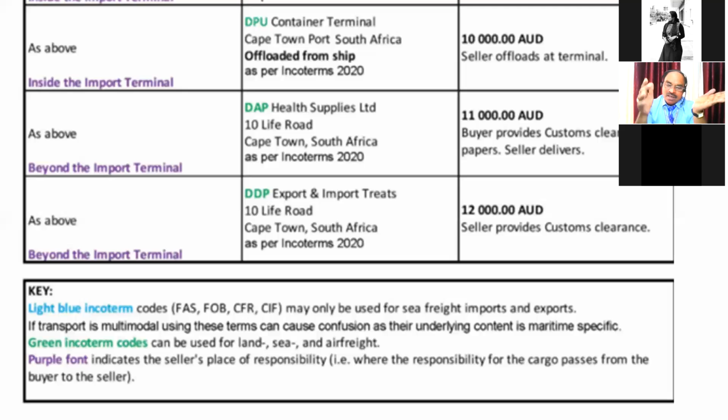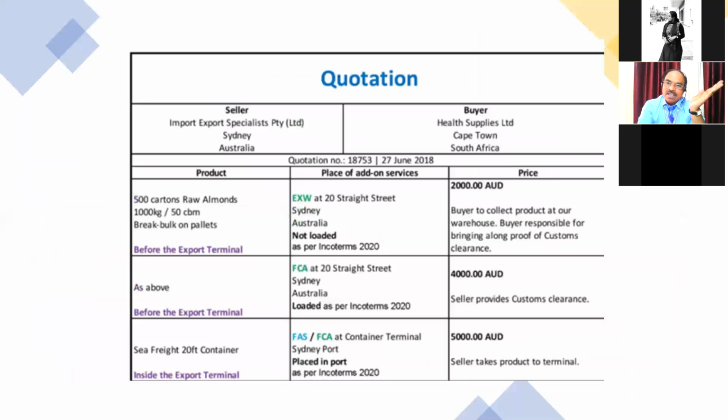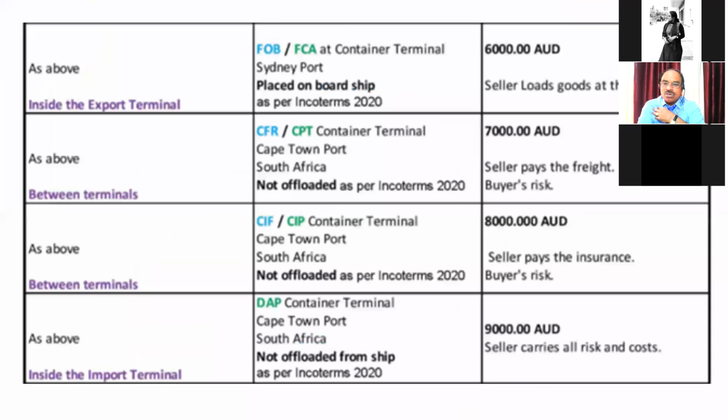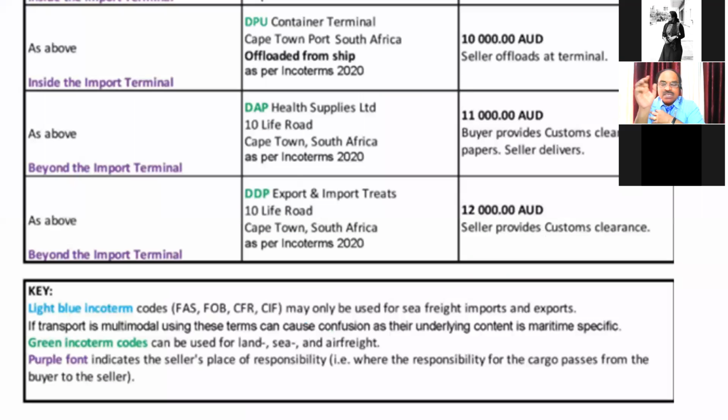So you can see how the prices are increasing. Actual price is only 2,000 Australian dollars. But if Cynthia wishes to send to the doorsteps of Mark in South Africa, then it becomes 12,000 Australian dollars. How many times? Even then, Mark will buy and he will sell this consignment for 18,000 Australian dollars in South Africa.